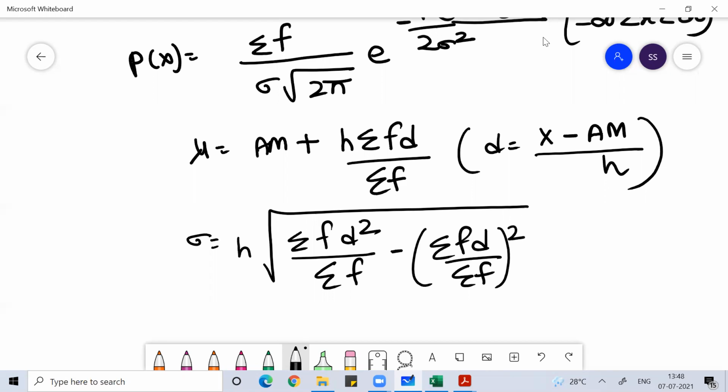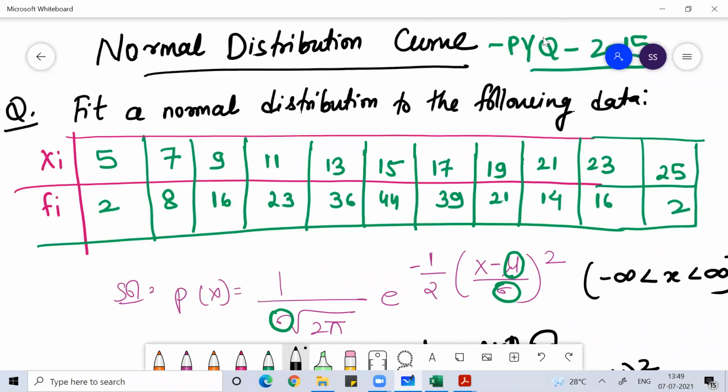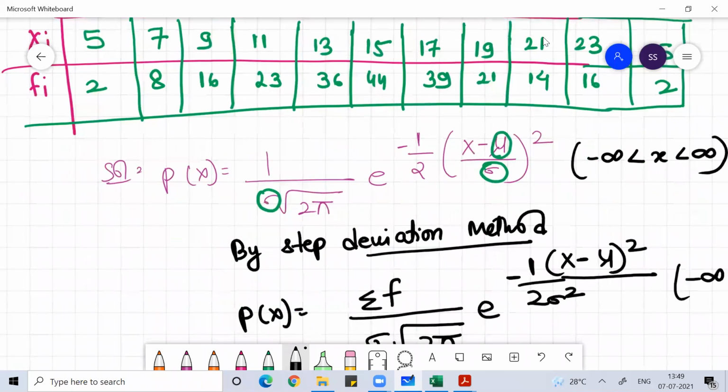Any doubt, anyone? Clear? So, we'll do the problem.